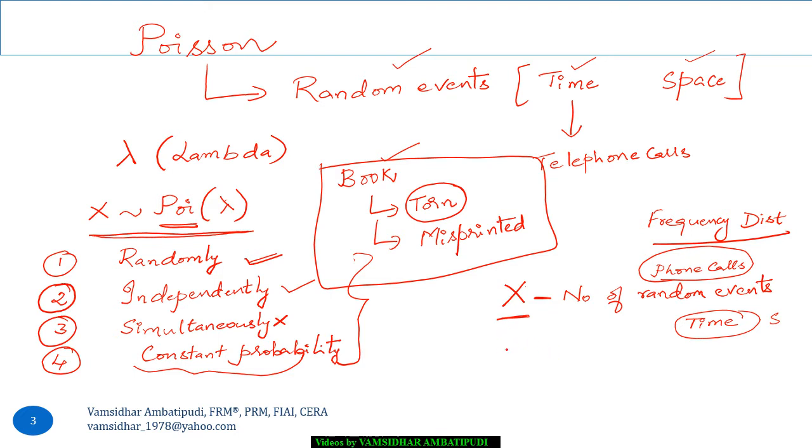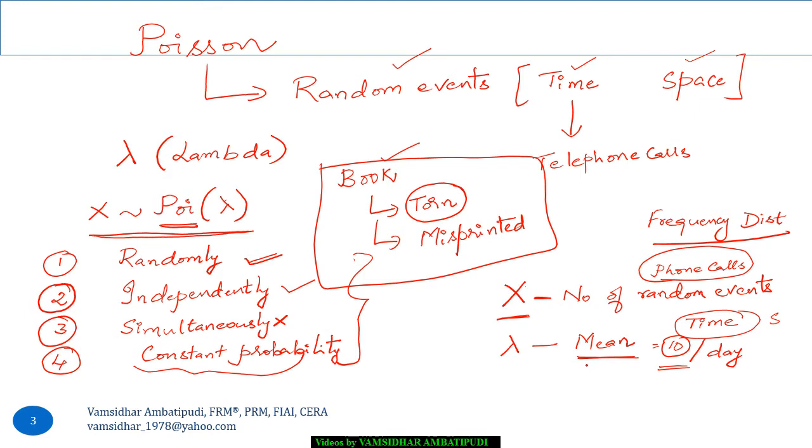In that, lambda, which we called a parameter, is the mean number of occurrences in that particular interval. So if I say lambda is 10 per day, then on an average I am receiving 10 calls per day.